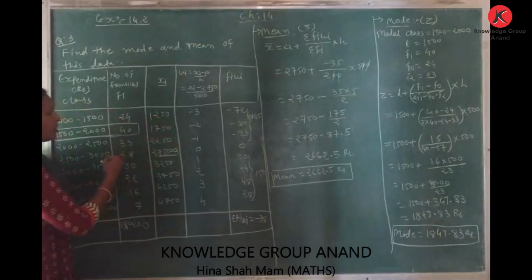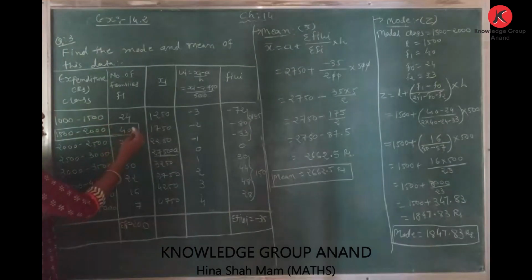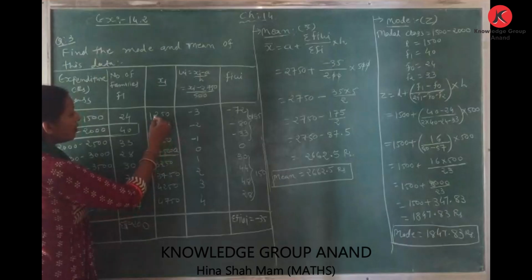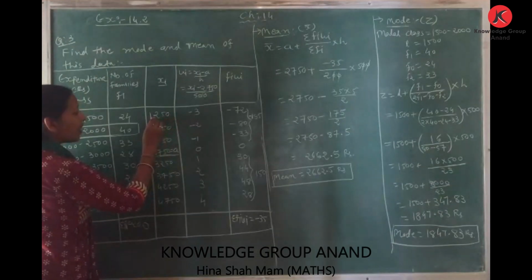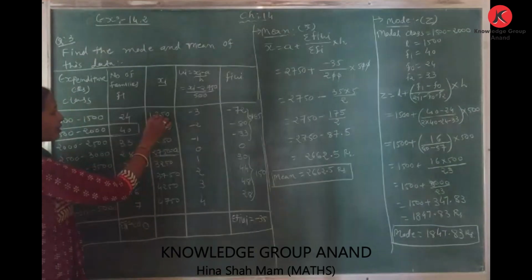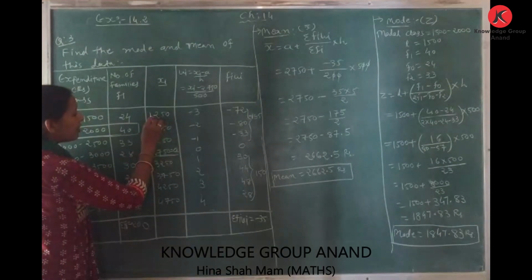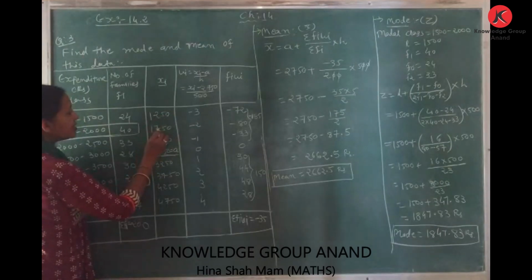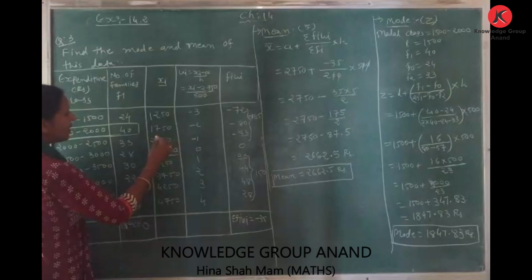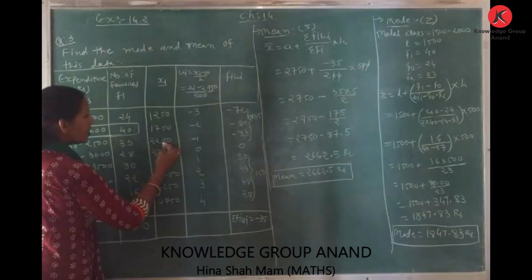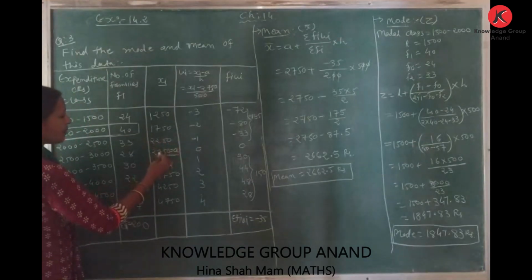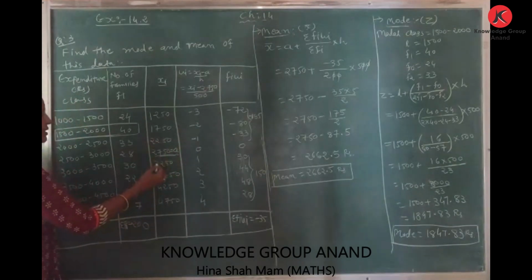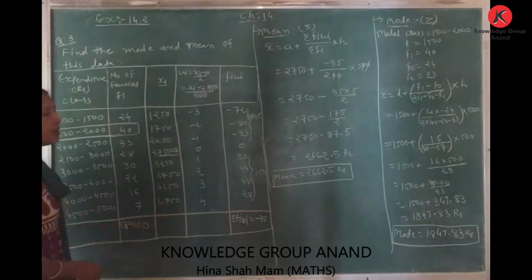Since the classes are continuous and of equal size, we add 500 each time. First class mark 1250, plus 500 gives 1750, plus 500 gives 2250, plus 500 gives 2750. We add 500 every time.